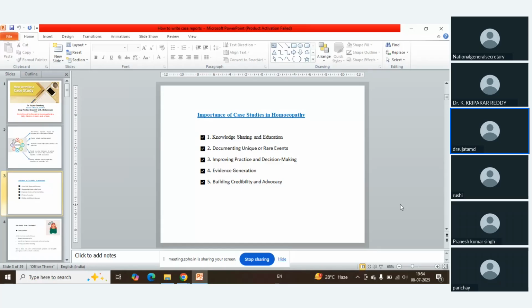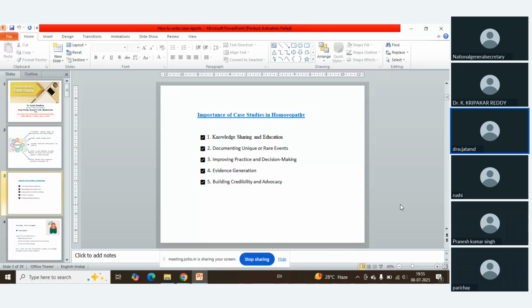The main approach is evidence generation. In fields like homeopathy, where individualization is the cornerstone, case studies offer valuable qualitative evidence for evidence-based study, and can also support the development of hypotheses for future research protocols. It also helps in building credibility and showing the effectiveness and impact of a method, product or treatment.